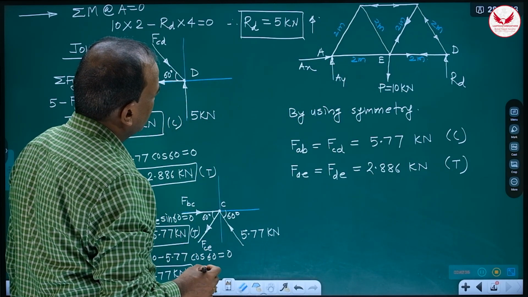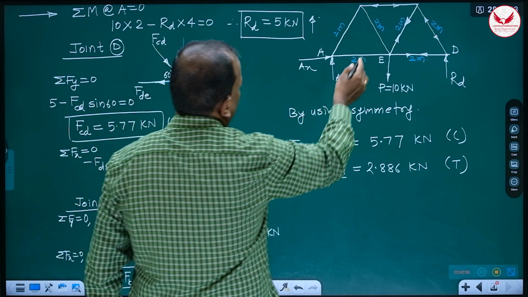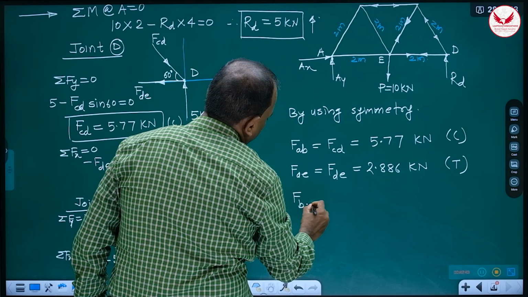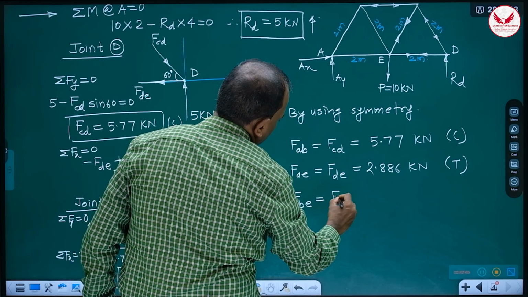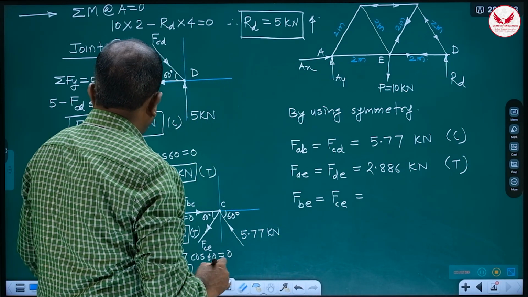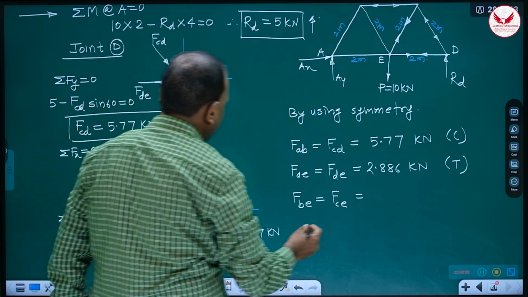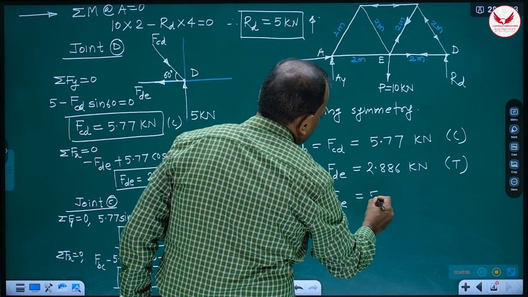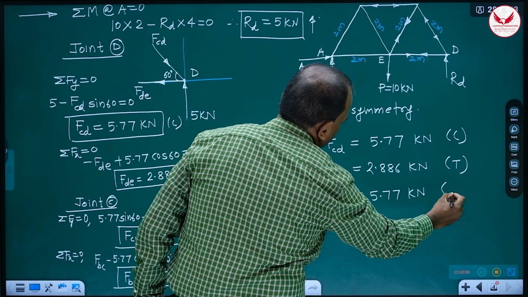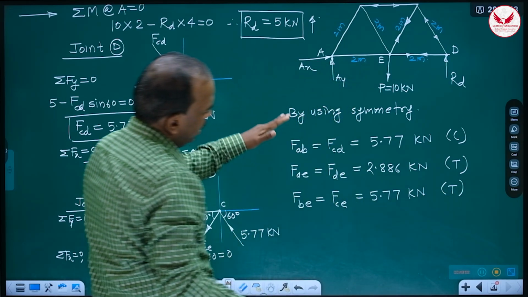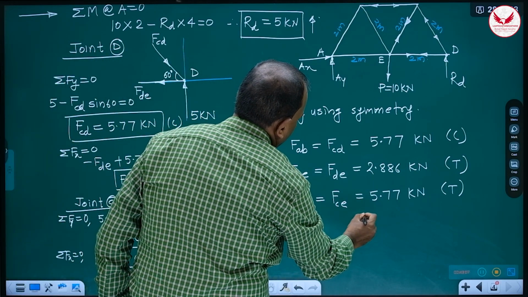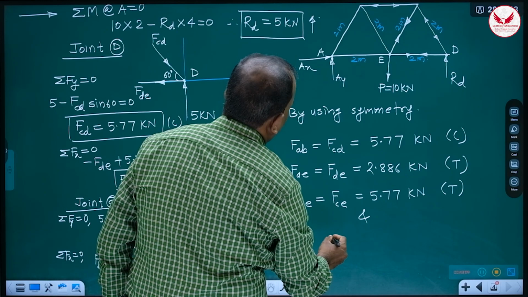And then FB is equal to FC. FB is equal to FC, 5.77 kilonewton. It is tensile. So like this we got 6 answers.